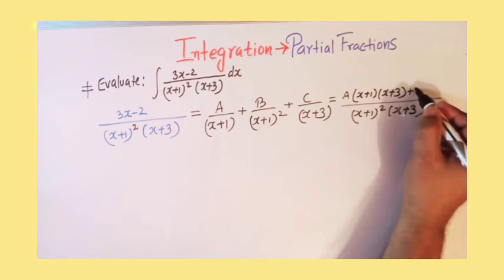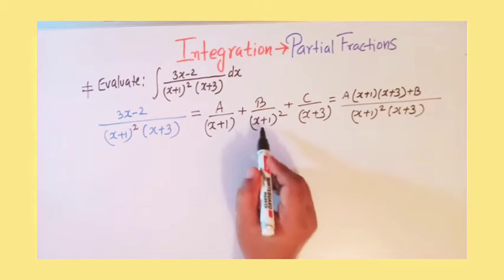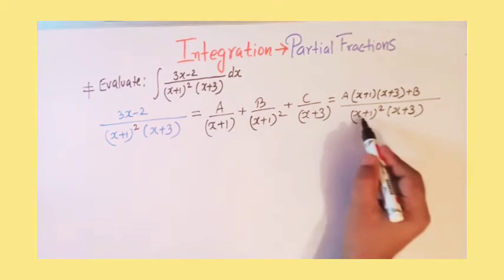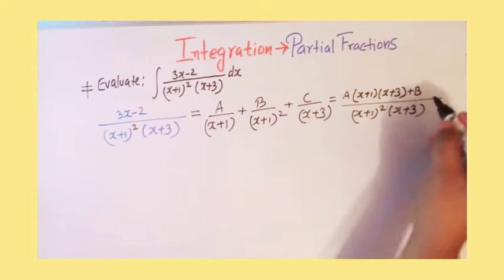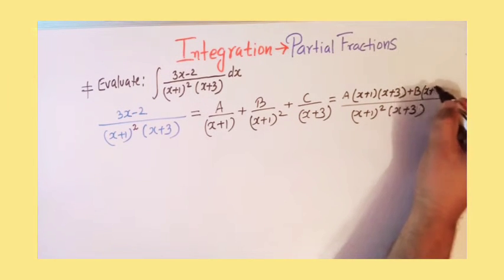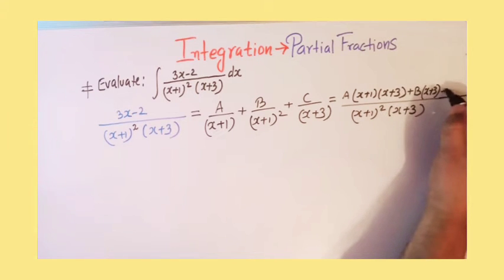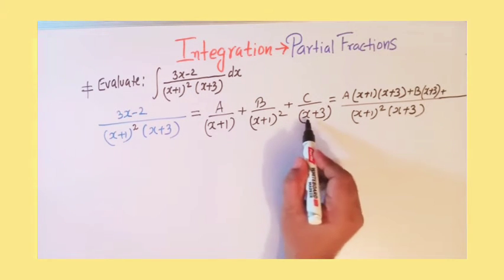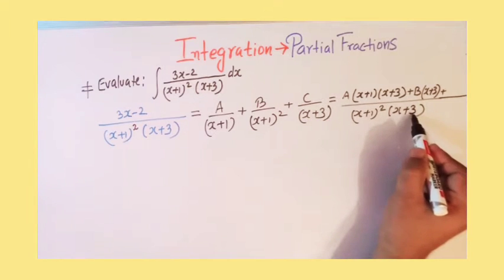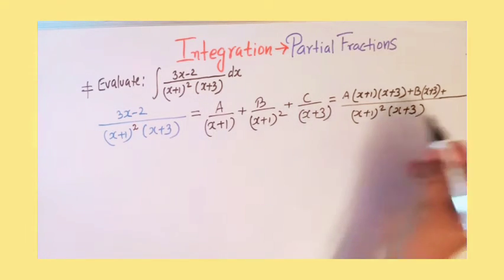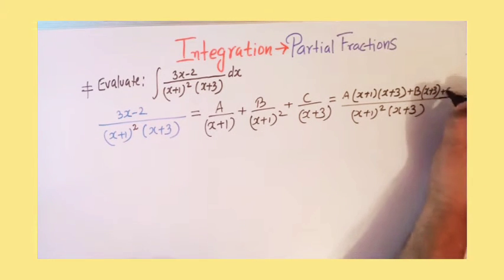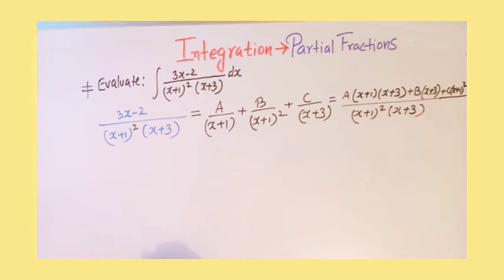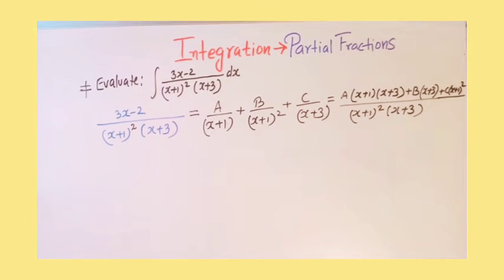Then we have plus b, then x plus 1 square and x plus 1 square get cancelled, so we have b times x plus 3, and then here we have c, x plus 3 and x plus 3 get cancelled, so we have c times x plus 1 square. Clear?